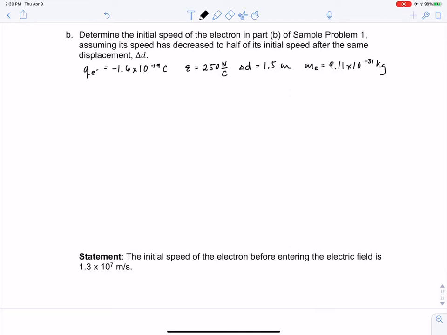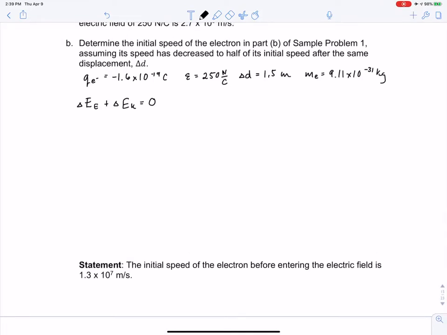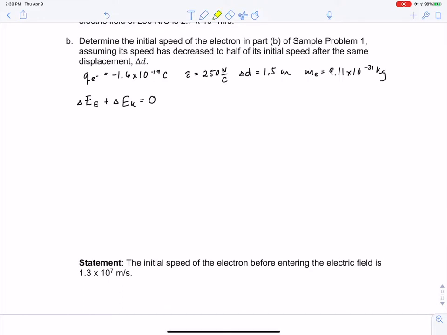Okay, a couple of things. We know that the change in electric potential energy plus the change in kinetic energy is 0. We also know that it says the speed has decreased to half its initial speed. So the final speed of the electron will equal 1/2 the initial speed of the electron.